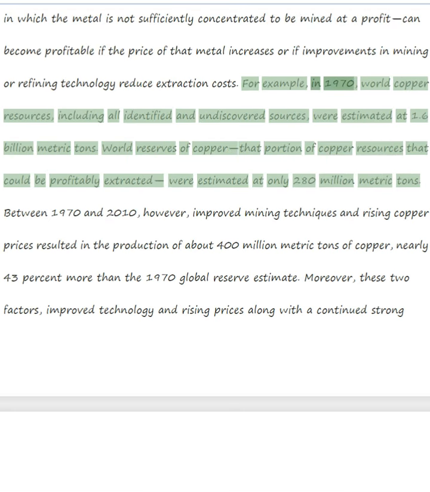For example, in 1970, world copper resources, including all identified and undiscovered sources, were estimated at 1.6 billion metric tons. World reserves of copper, that portion of copper resources that could be profitably extracted, were estimated at only 280 million metric tons.